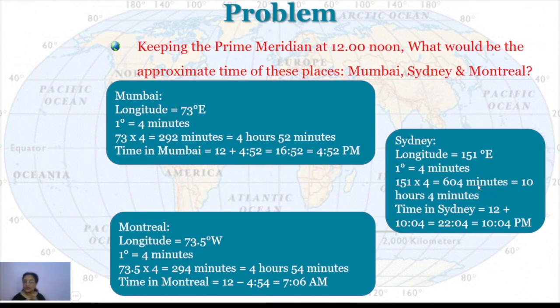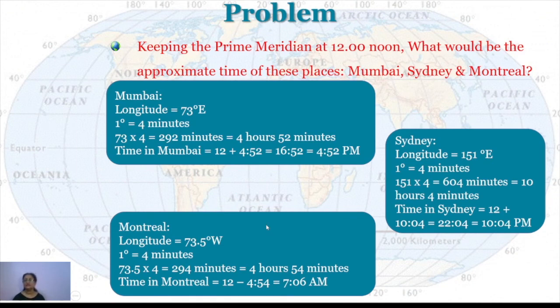Now you convert that into hours, and you will get 10 hours and 4 minutes difference. So if at the prime meridian, or at Greenwich, the time given is 12 noon, what will be the time at Sydney? 10 hours and 4 minutes will be added to 12 noon. So that will give us 10:04 p.m.